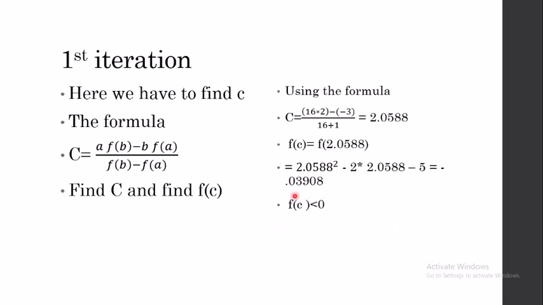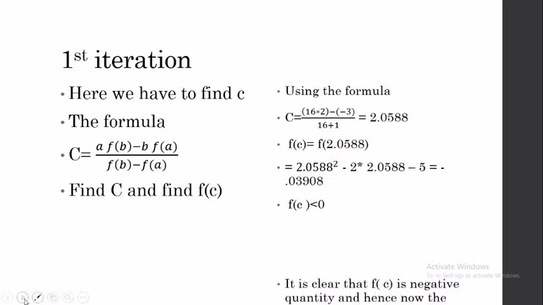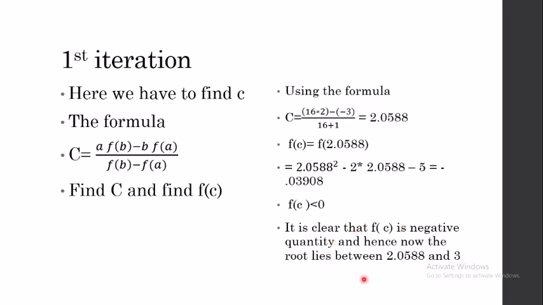Since it is negative, I got an idea that the root lies somewhere between 2.0588 and 3. 3 is nothing but our b. So that means we have to change the value of a. Initially the value of a was 2. Now it should be changed to 2.0588.